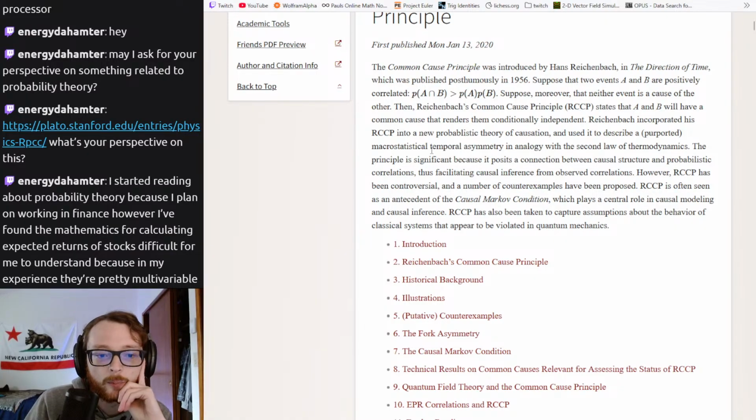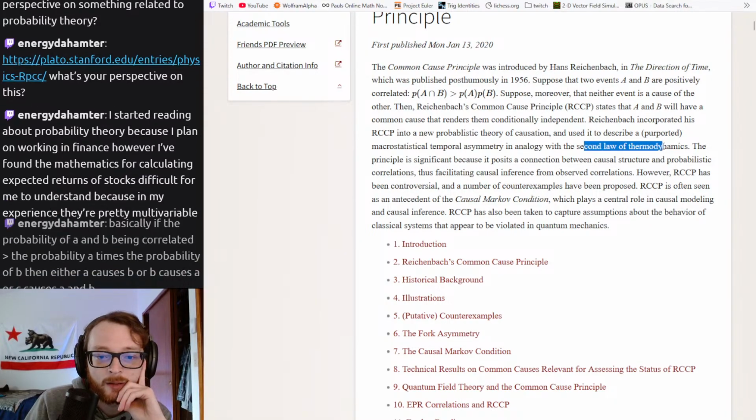Use it to describe a purported macro-statistical temporal asymmetry in analogy with the second law of thermodynamics. Macro-statistical, so statistics at a high level, I guess, like the population level maybe. Temporal asymmetry. So it's getting less symmetric over time, these macro statistics. Second law of thermodynamics, is that entropy?